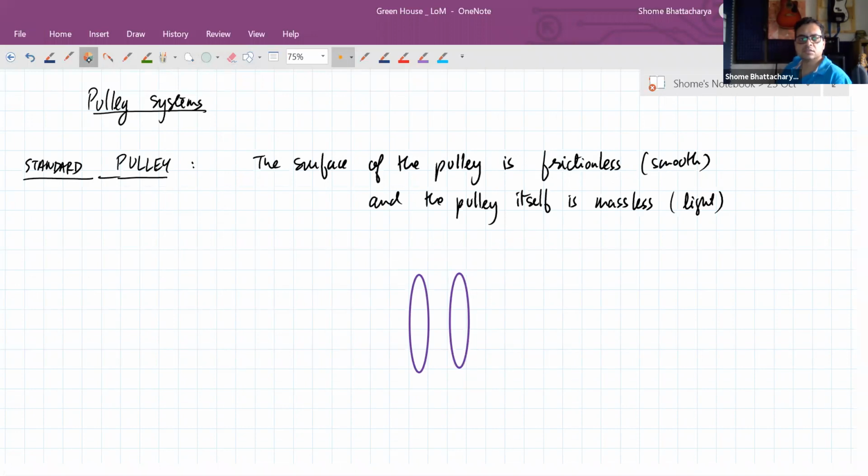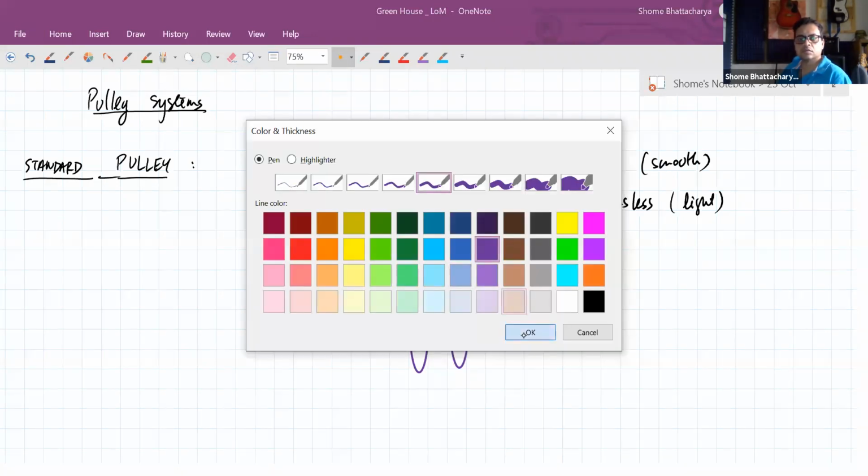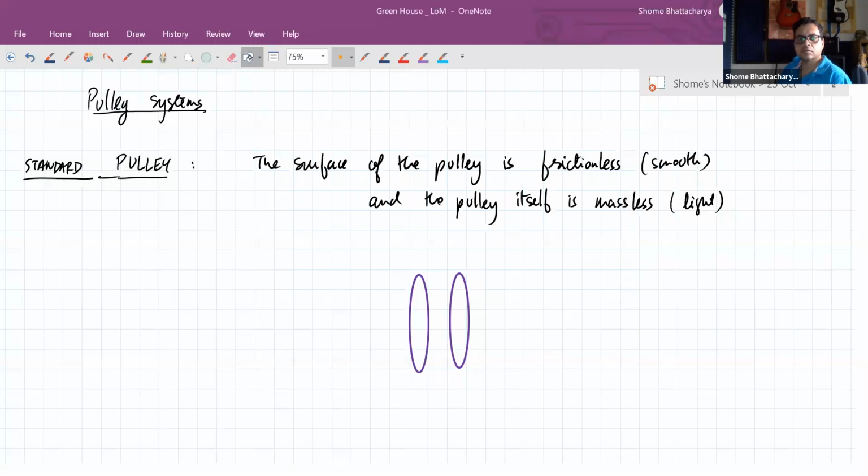The pulley has sort of a disc like this.